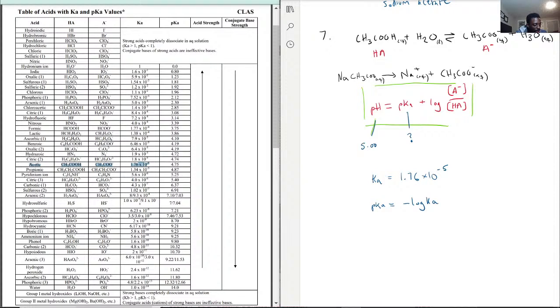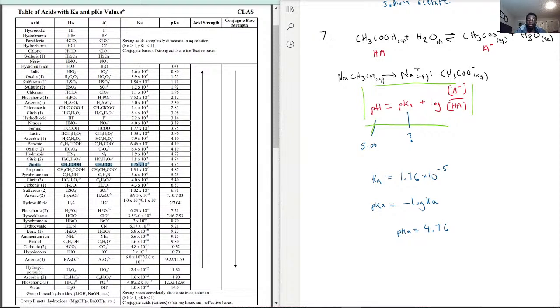Negative log of 1.76 times 10 to the negative 5. We get 4.76 when we round, so it's pretty close. pKa is equal to 4.76, around there.